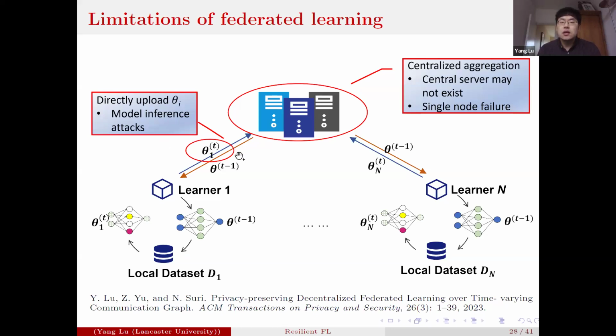As mentioned, even if federated learning can somewhat enhance privacy, it has been pointed out that it is still possible for attackers to extract some information, a data set, from the local models by some model inference attacks. And also, this centralized aggregation depends on a central server, which may not exist at all, and it also suffers from single point failure. This work is based on the journal paper here.